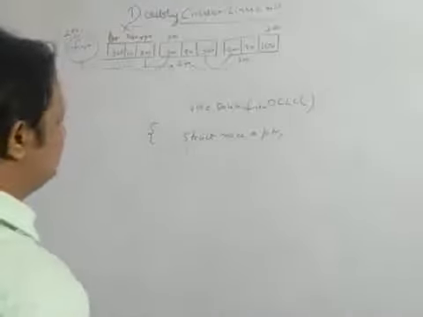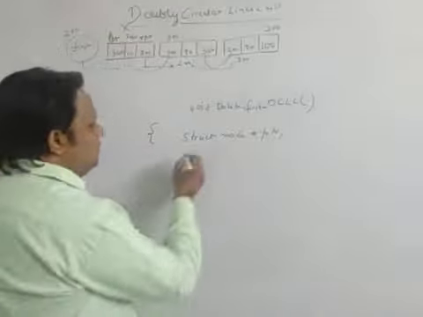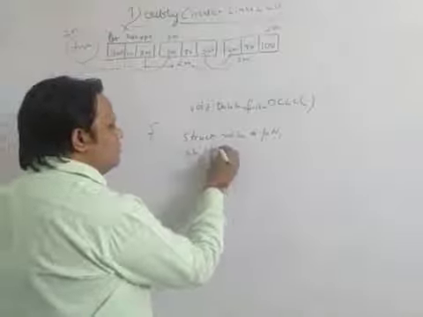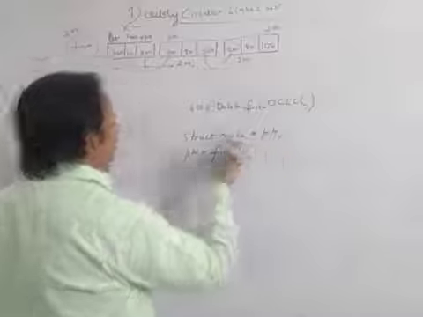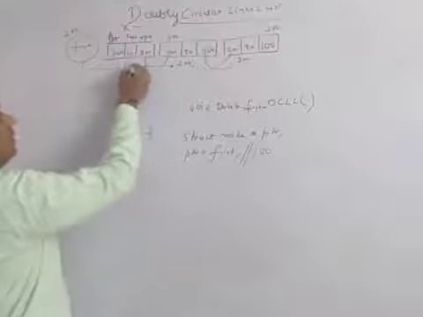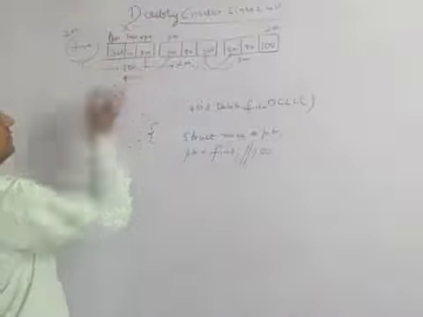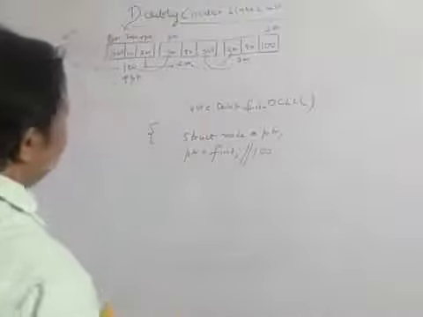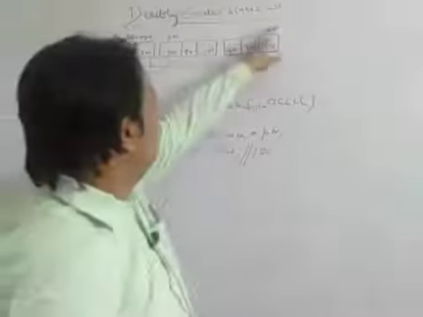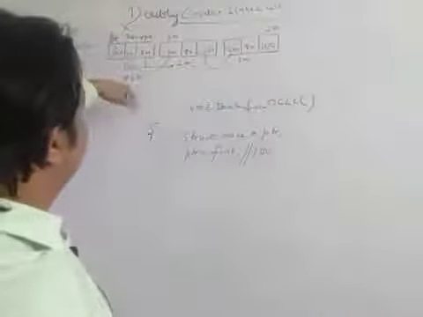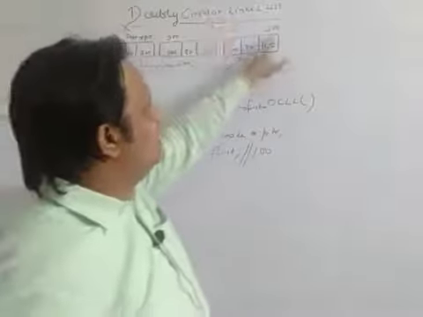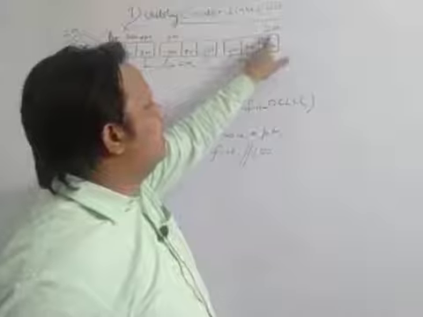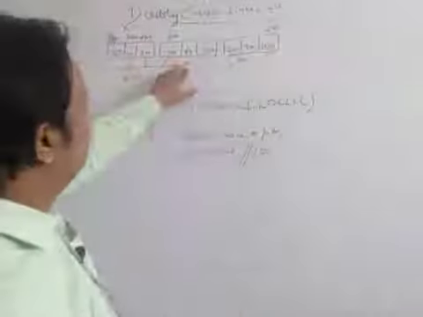So do it step by step. I have taken one pointer PTR. I am writing PTR is equal to first. So now your PTR is pointing at 100. Now with the help of this pointer, I am going to do certain changes. So first change. I want 200 here, because I am going to delete this. If I delete this, this becomes my first node. So the RPT of the last node should contain the address of this node.